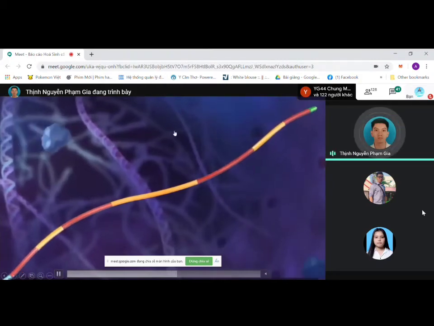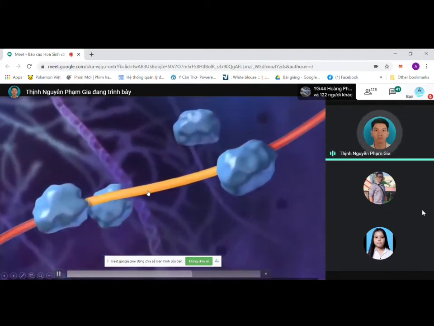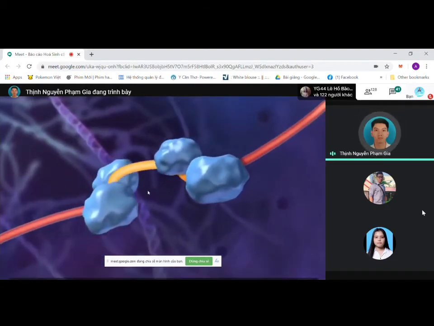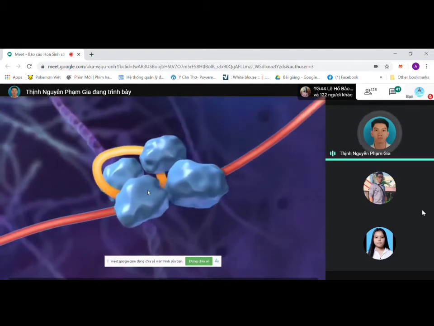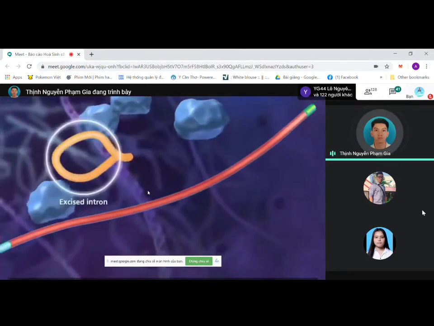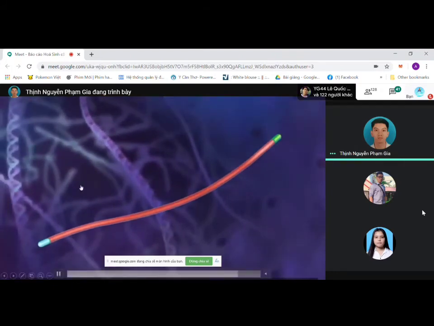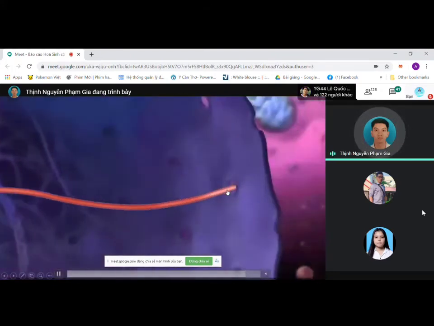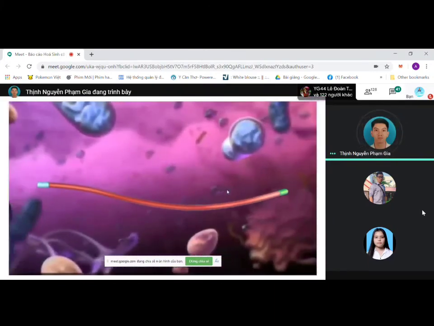Then the spliceosome will remove introns, and exons are stuck back together to make the mature mRNA that leaves the nucleus, enters the cytoplasm, and translation begins. You can see the cap and the tail are protecting the mRNA when it goes through the nuclear pore.